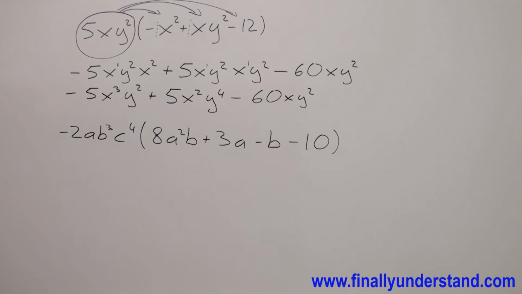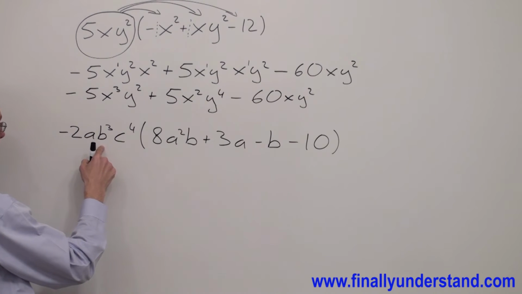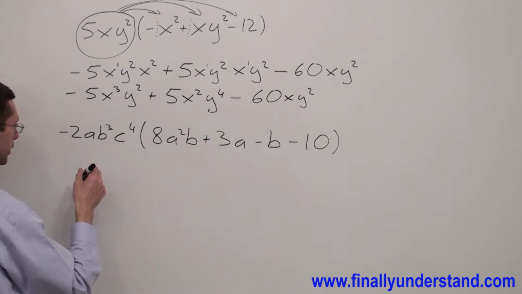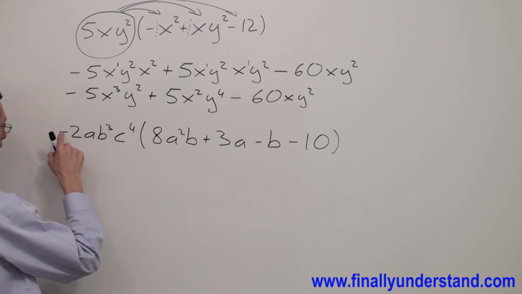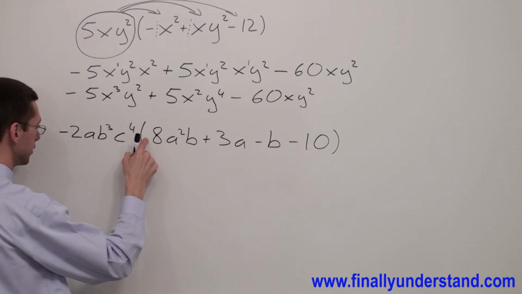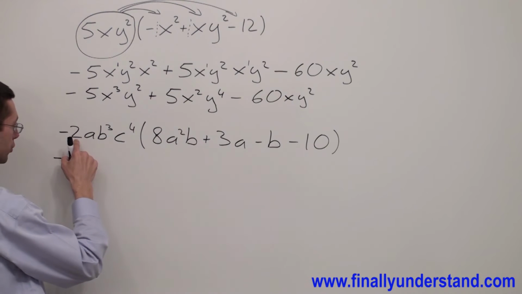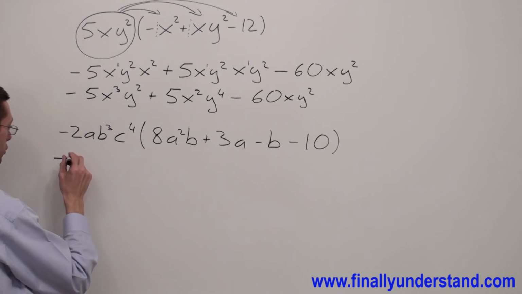Let's take a look at the second example. Again, I have to multiply this binomial by every single term of my polynomial. Again, I'm going to look at the signs first. Negative times invisible positive will give me negative. 2 times 8 is 16.